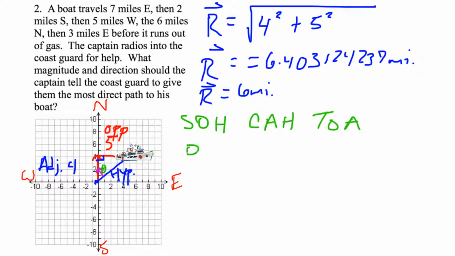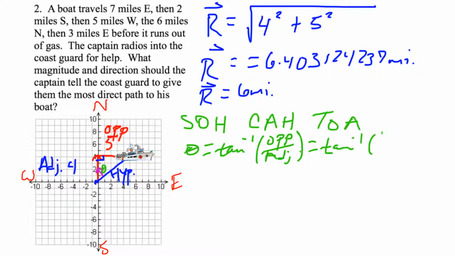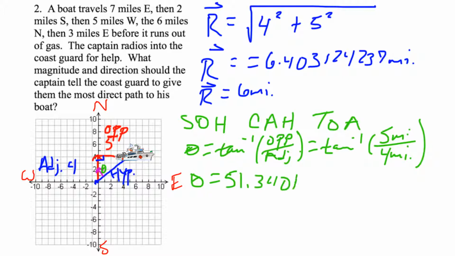So theta is equal to the inverse tangent of the opposite side over the adjacent side, which means we need to take the inverse tangent of 5 over 4, and theta equals 51.34019175 degrees.